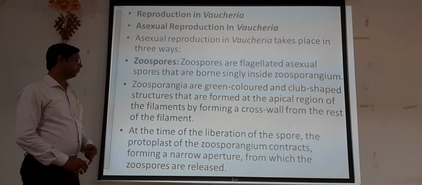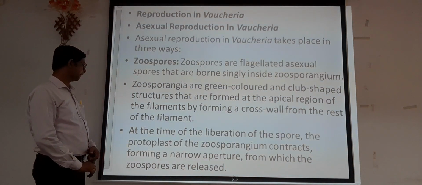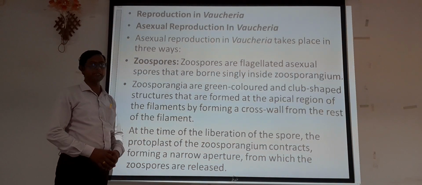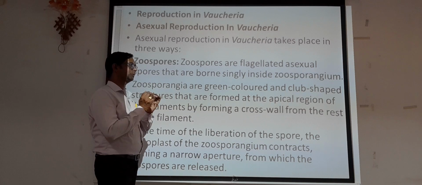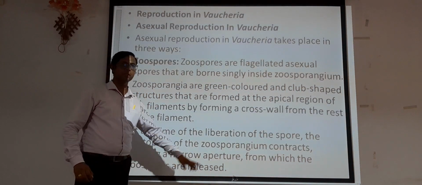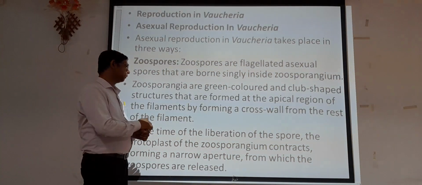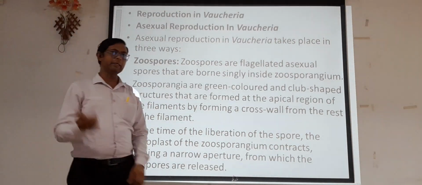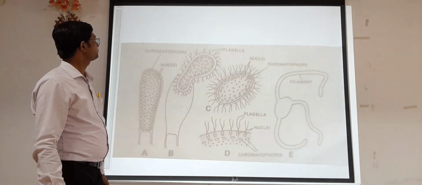Now at the time of liberation of the spores, the protoplast of the zoosporangium contracts, forming a narrow aperture from which the zoospores get released. So the apical portion of this zoosporangium produces this slit or narrow aperture. Through this opening, the spores will get liberated into the environment, and they will germinate on coming to favorable conditions.